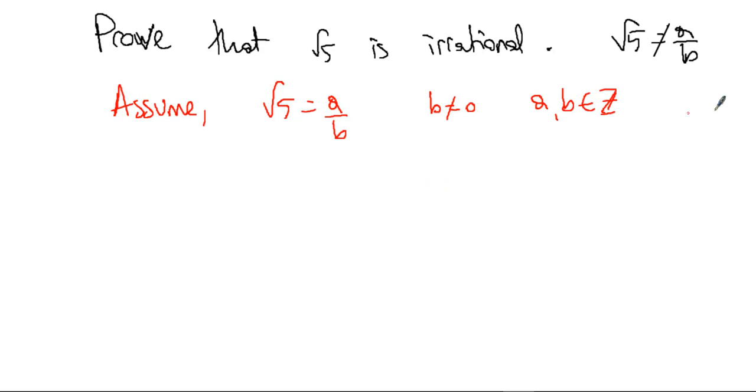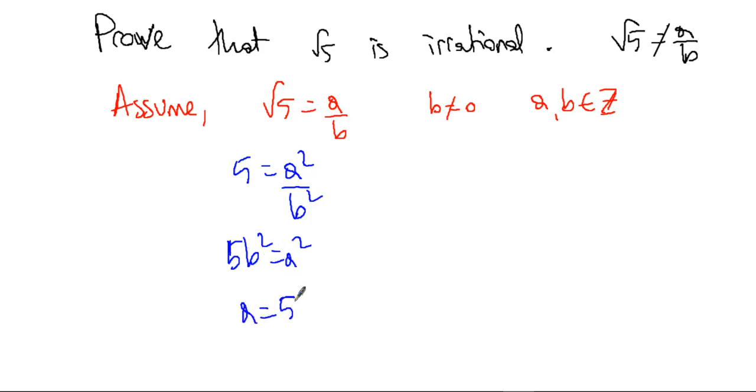Okay, if I square these two numbers, 5 equals a squared over b squared, and if I cross multiply, 5b squared equals a squared. Now look from here. What does it mean? A is actually a multiple of 5, right? So I can write that a is 5 times some number k, where k is an integer.